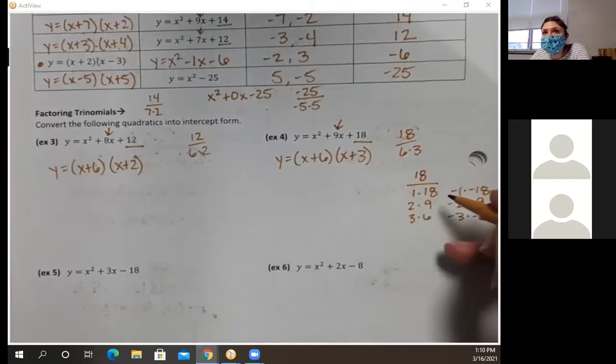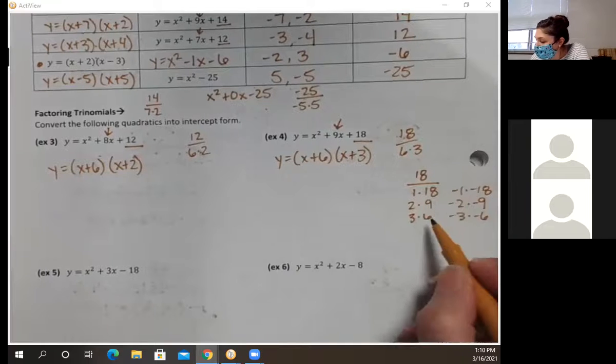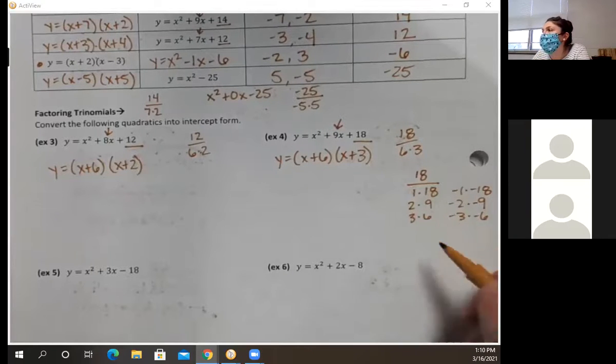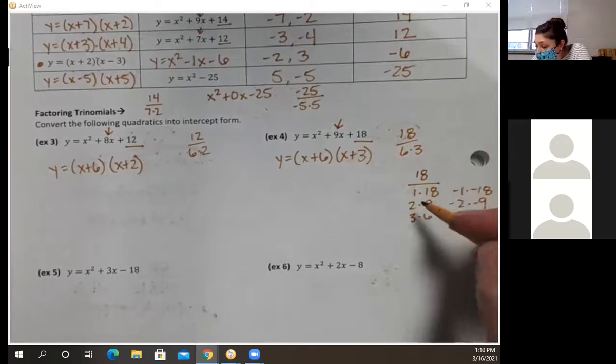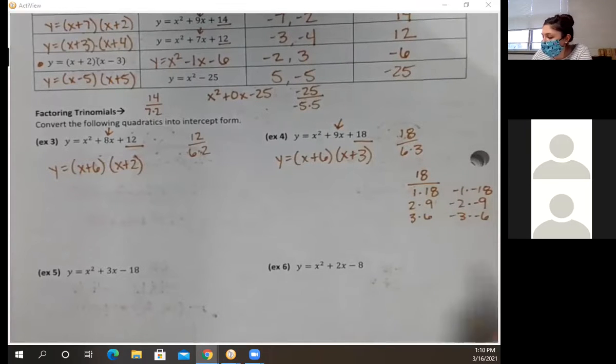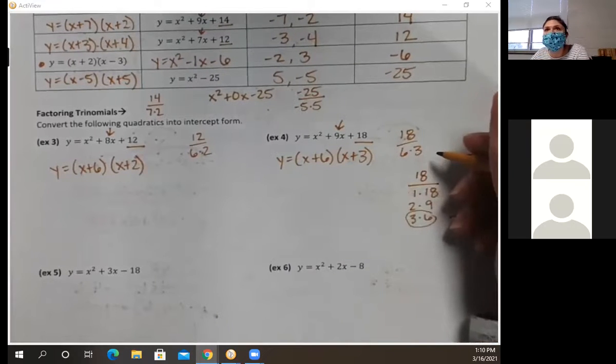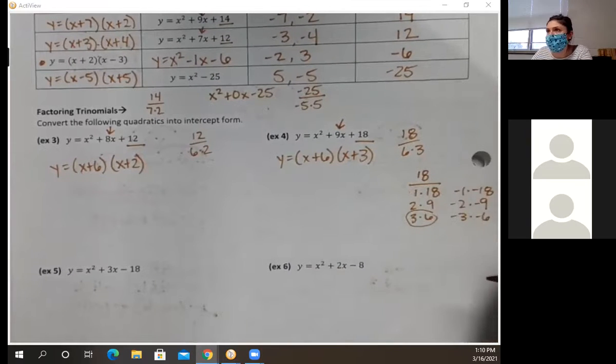The next thing I could evenly divide 18 by would be 6, and I already have 6 listed. So the rest of the factors I could write would just be repeats of what I already have. So make a list, go in order. Once you've got your list done, look for the factors that you need. So this would be 3 and 6, which I know we had already, but if you get stuck, remember, make a list, okay?